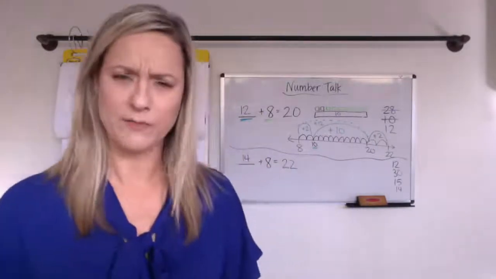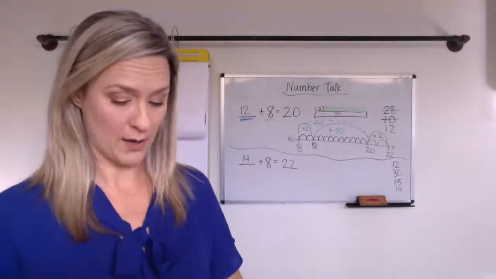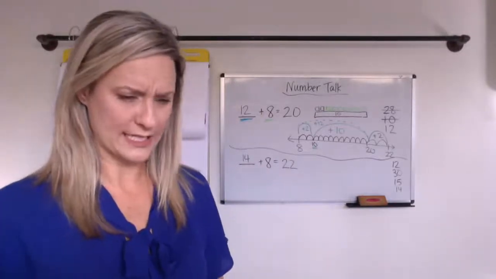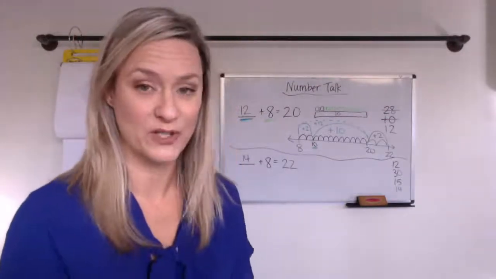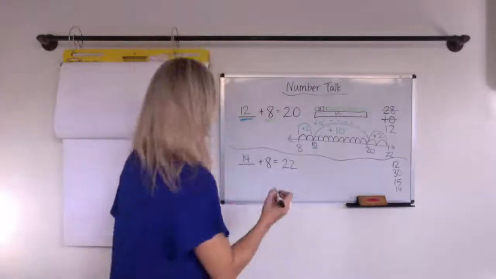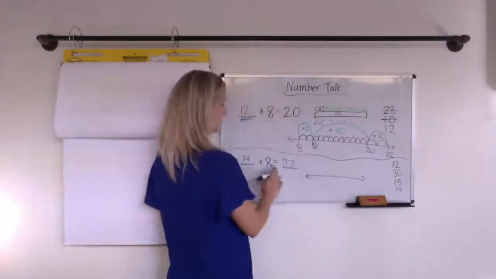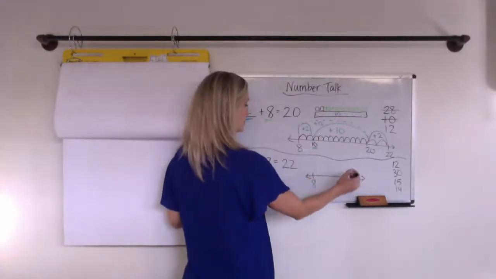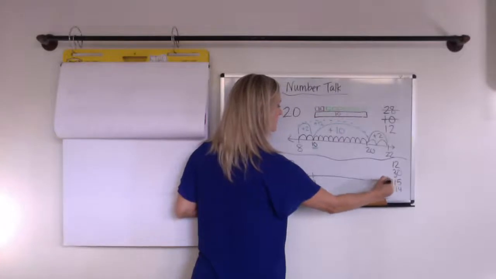Or maybe you decided, I want to try out a number line and not hop by 1. Because maybe you hopped by 1 last time. So it's always good to try to build on a strategy that you feel comfortable with. So let's try. Okay, so maybe you did 8 plus what makes 22.